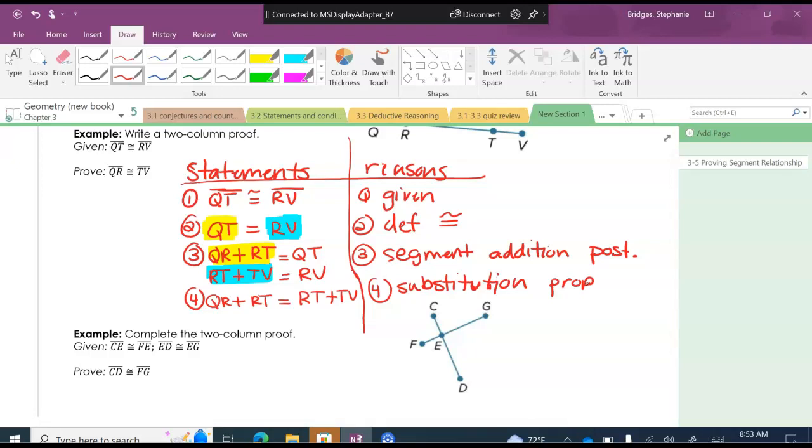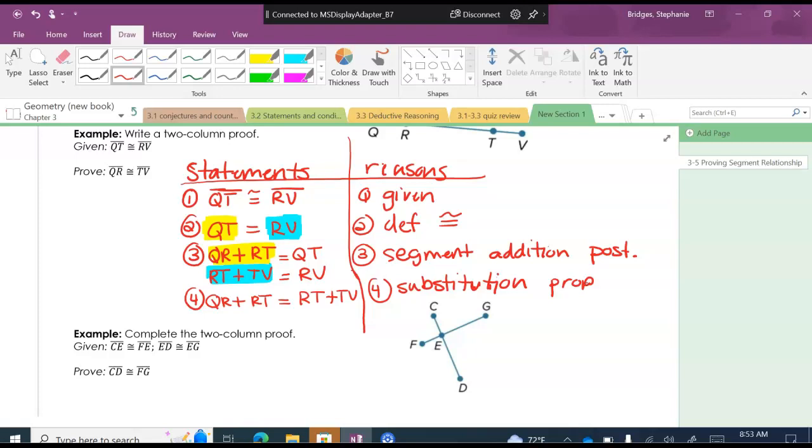Okay, so here we are. This is step 4. Keep in mind that we are trying to get to the fact that QR is congruent to TV. But what I want you to look at is this statement. Do you notice anything that might be the same on both sides? RT. Okay. Just like if I were solving an equation and I had 3x plus 2 equals 5, you would subtract the 2 over, right?